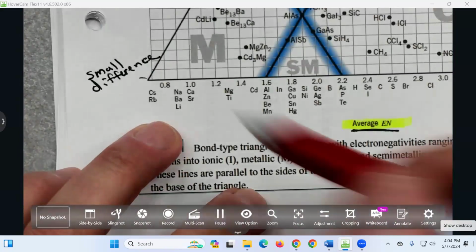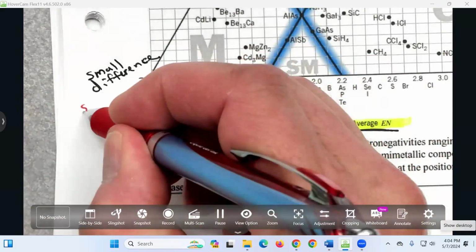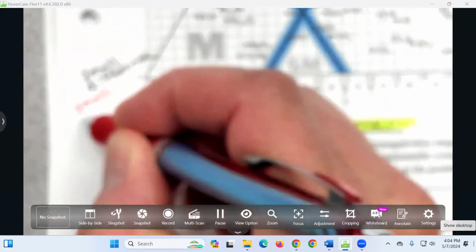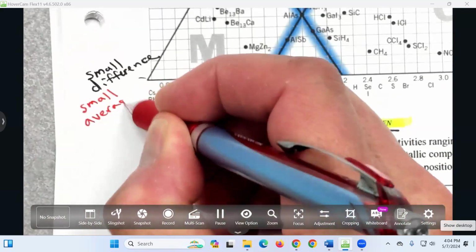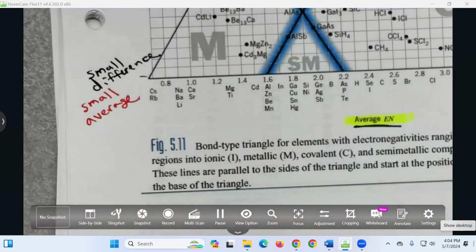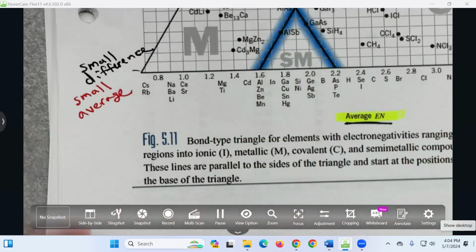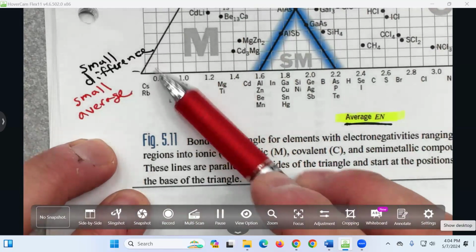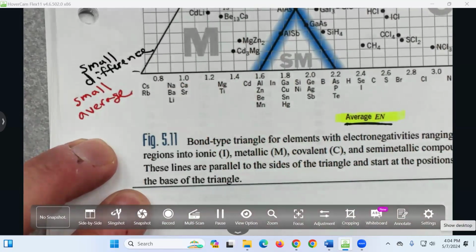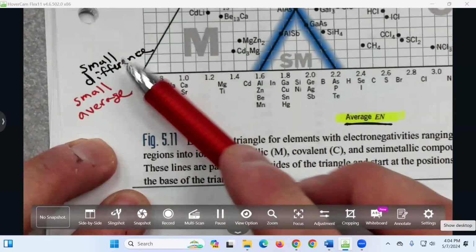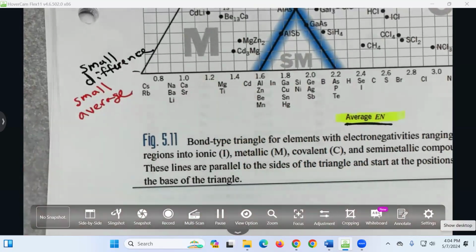And what about on the x-axis? You have a small average. So highly metallic bonds would be in this corner. Small difference, small average. If you have a small difference, you're talking about metals anyway, right?